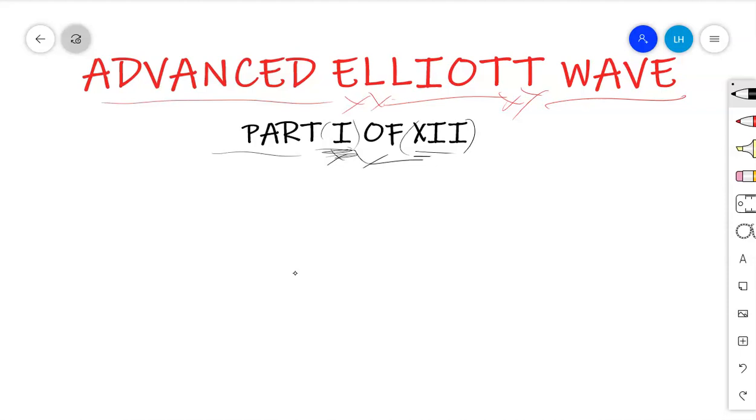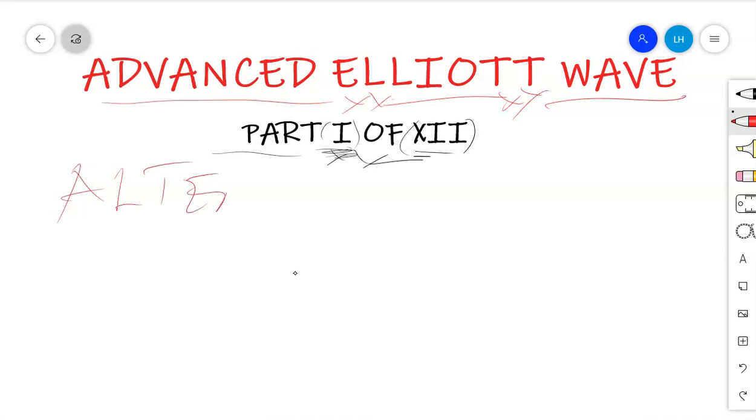Then we'll cover things like throw over and the issues on volume. All of those are what we call the wave guidelines. Knowing them will help you trade Elliott wave profitably. Today we are going to start with the guideline of alternation.